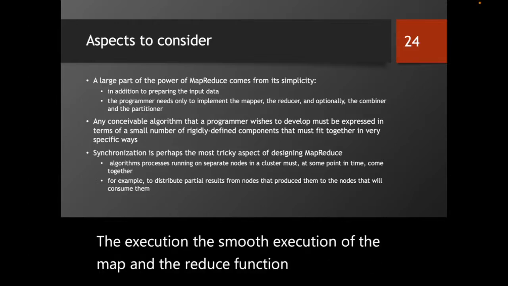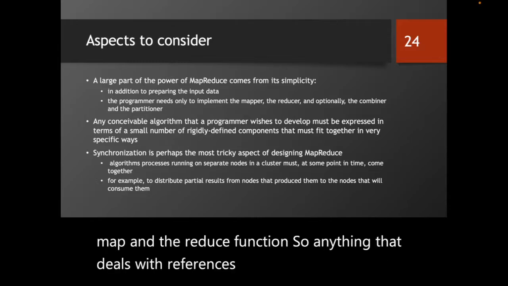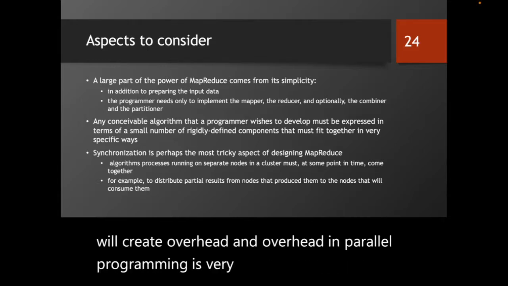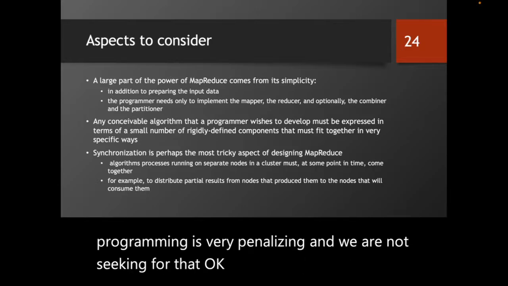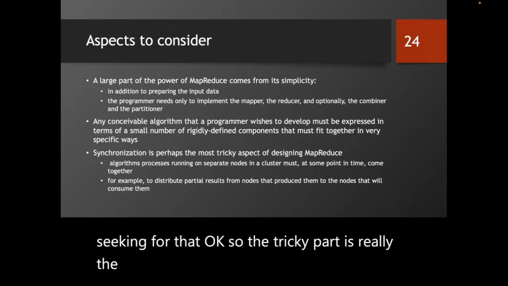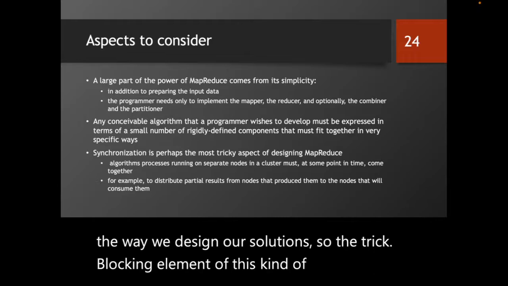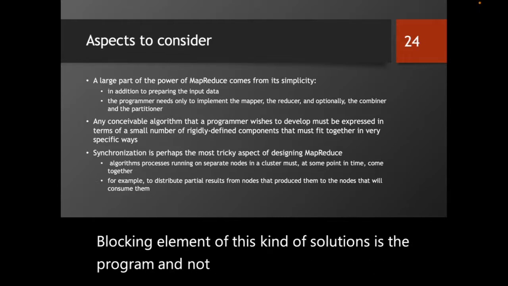So anything that deals with references, with something strange, will create overhead. And overhead in parallel programming is very penalizing, and we are not seeking that. Okay, so the tricky part is really the way we design our solutions. So the blocking element of these kinds of solutions is the programmer and not the infrastructure.